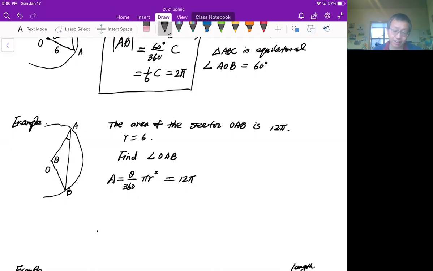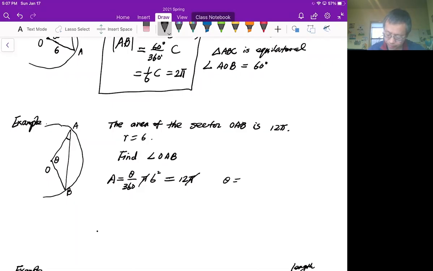So let's just solve that then. Where r is equal to 6, I'm going to replace r here by 6, so r squared is 6 squared. That's much better. Pi and pi cancel out. This is 36, right?